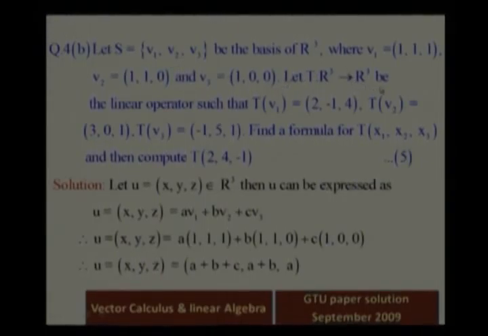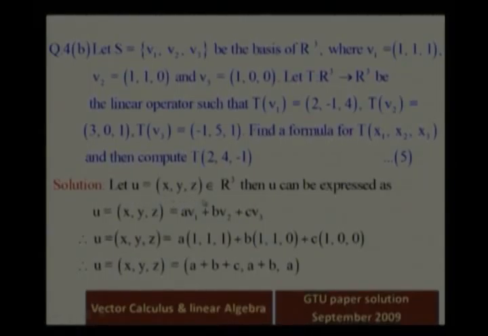Let T from R3 to R3 be the linear operator such that T of V1 is equal to (2, minus 1, 4), T of V2 is equal to (3, 0, 1), and T of V3 is equal to (minus 1, 5, 1). Find the formula for T of (x1, x2, x3) and then compute T of (2, 4, minus 1).